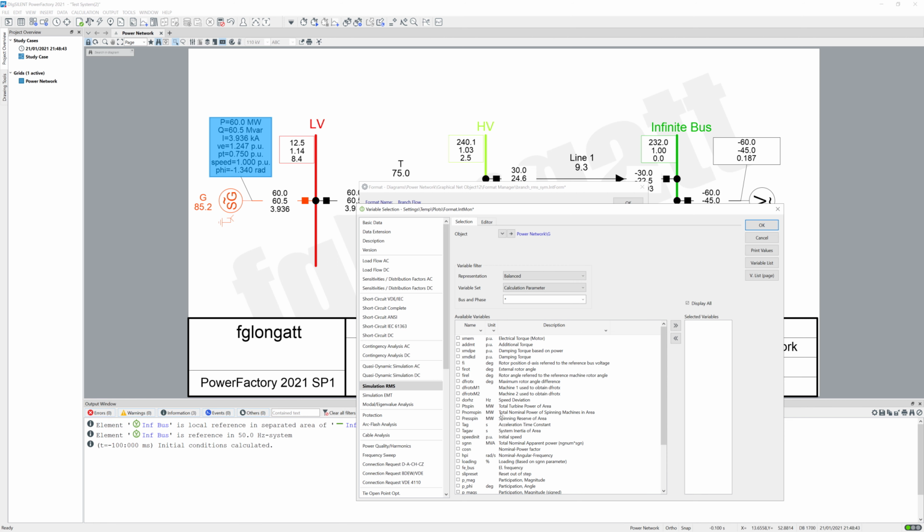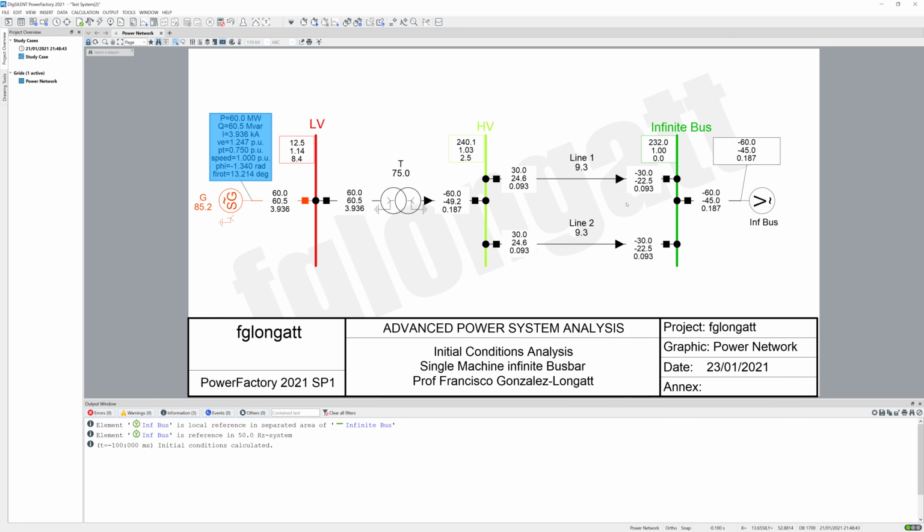And let me find, where is feed rod? Feed rod is here, yes. And now look over here. The variable feed rod is representing 13.214 degrees, okay?